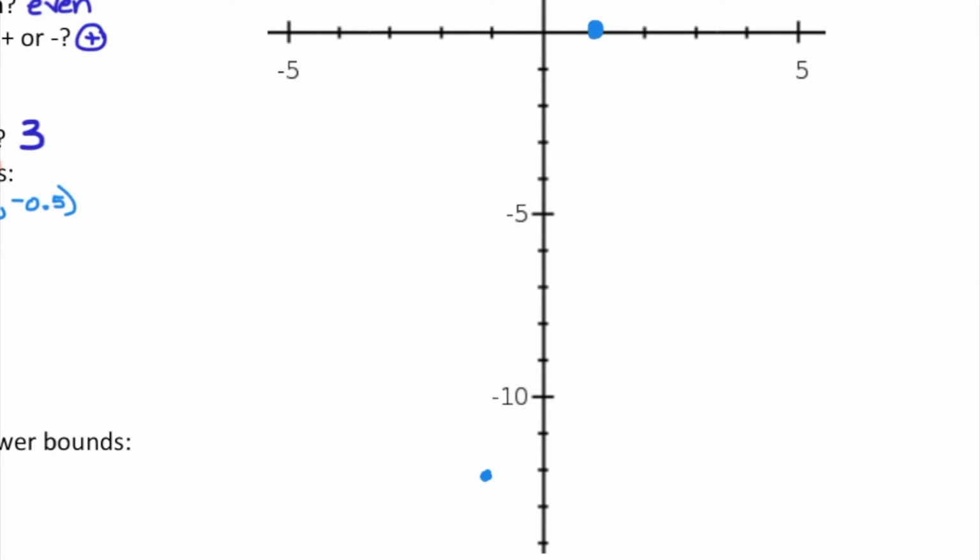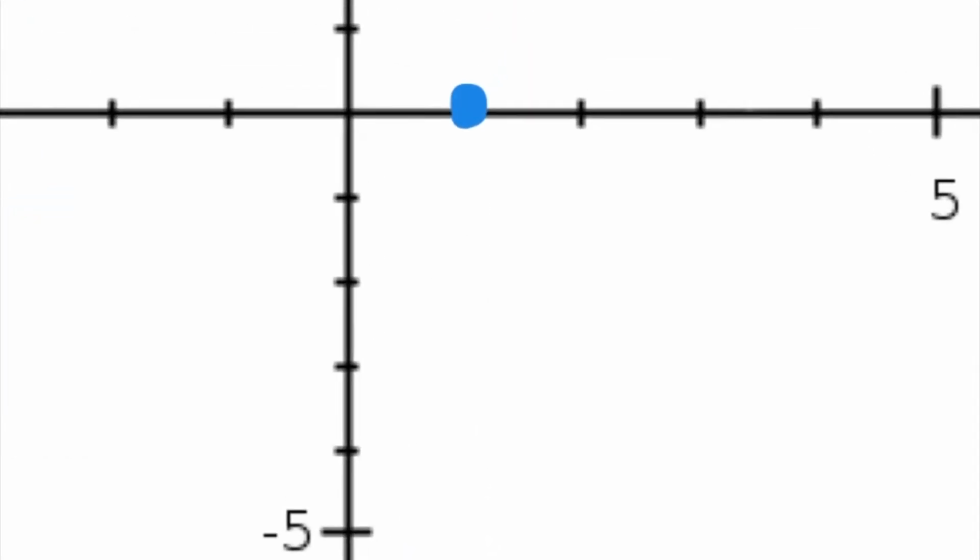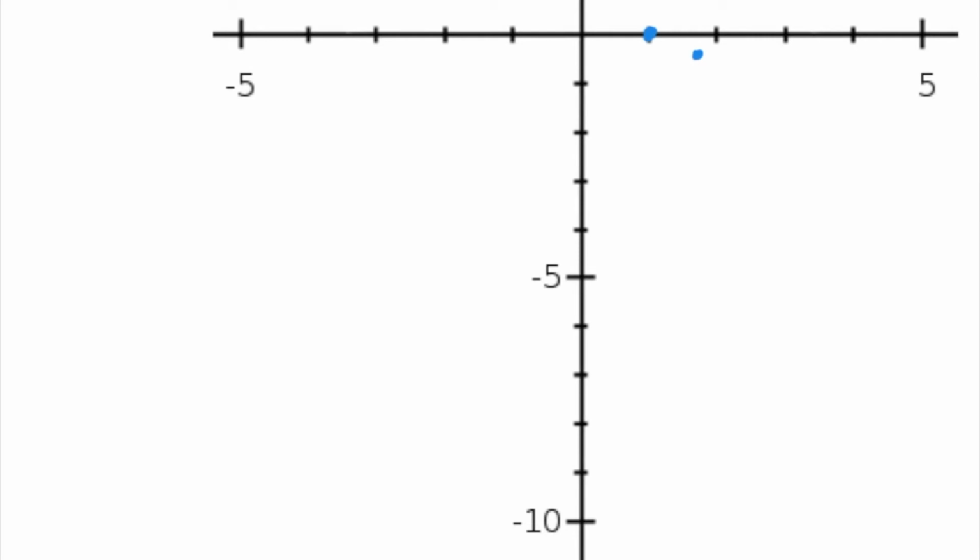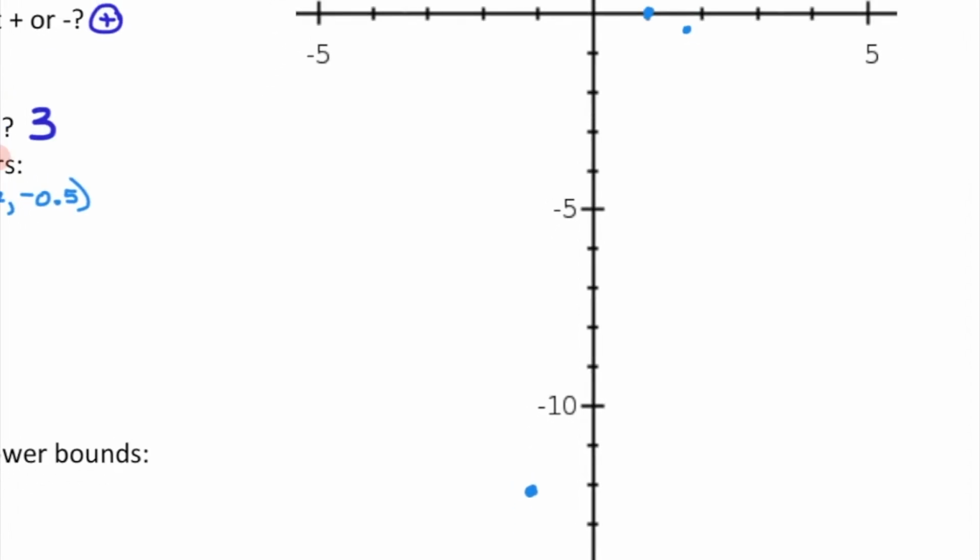And then 1.7 and negative a half, I'm going to zoom in for that one. 1.7, negative a half would be about there. I'm actually going to make that one point just a little bit smaller because that's pretty ugly, that big. So there we go. All right. So those 3 points are my turning points.